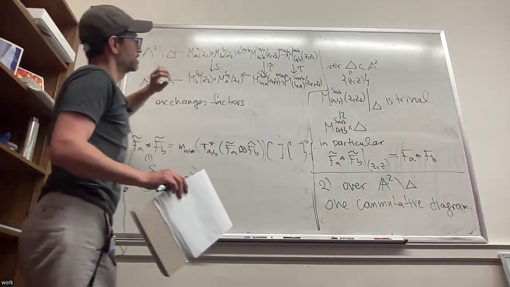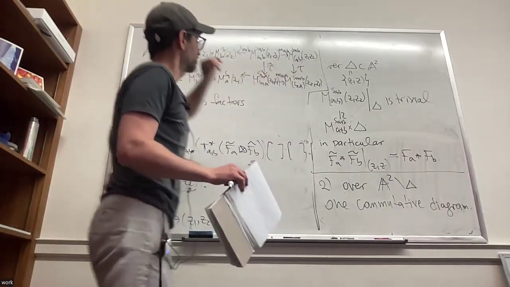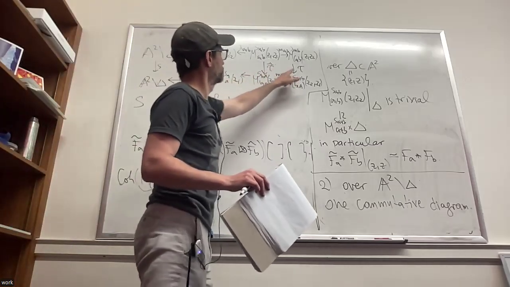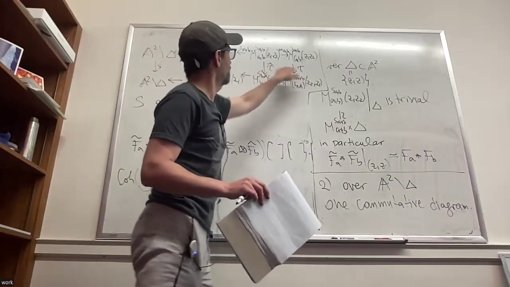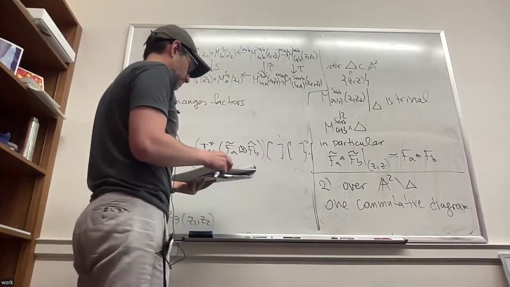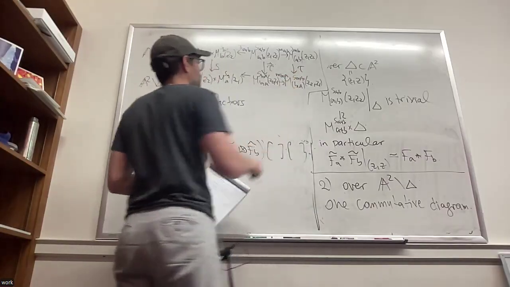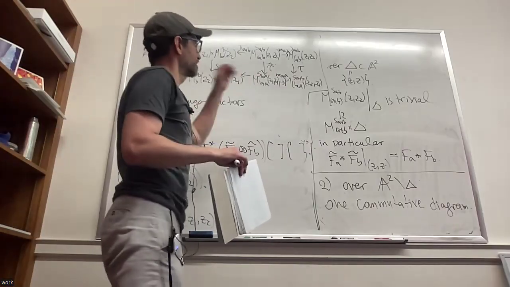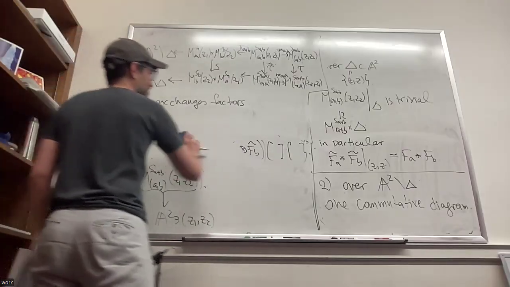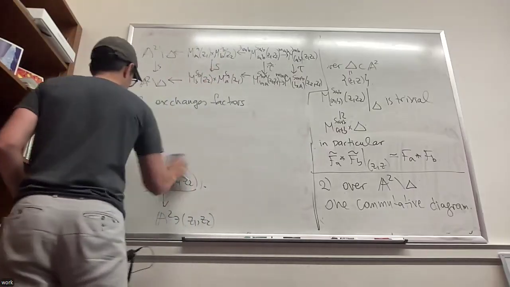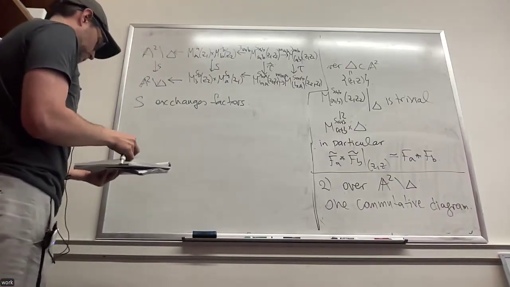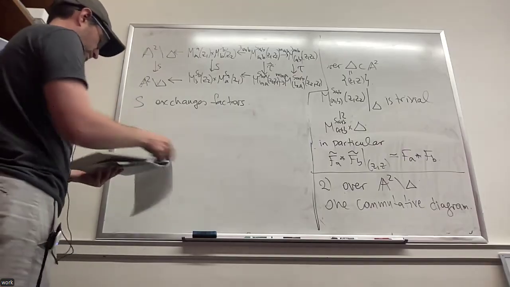And the claim is that this extends to the rest of the diagram, which is the harder part, to involutions tau and tau hat. I could at least explain tau, but that would take a little bit of time, and tau hat takes a little bit more time. So I'm just going to leave it at that. The claim is that such a diagram exists, so let me skip over that.